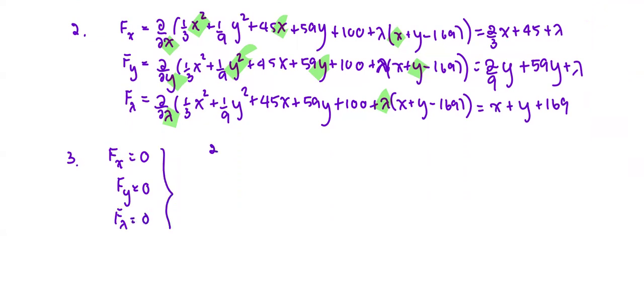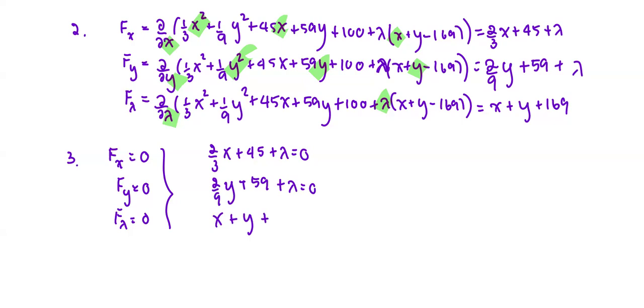In this case, we have 2/3 x plus 45 plus lambda equals 0, 2/9 y plus 59, sorry, plus 59 and then plus lambda equals 0. And the last one, x plus y minus 169 equals 0.